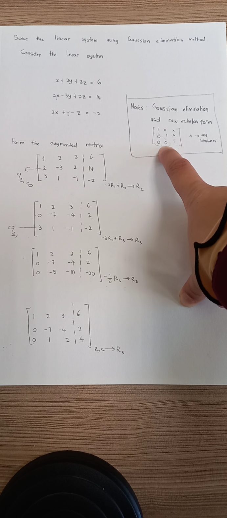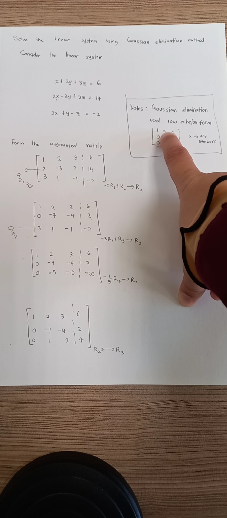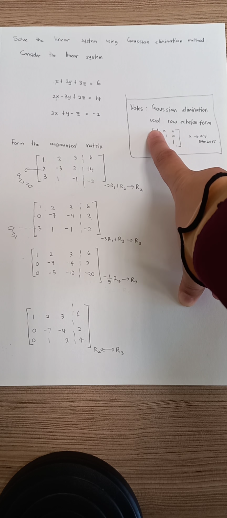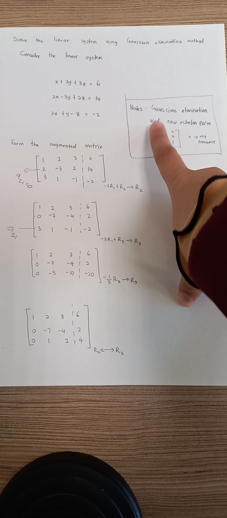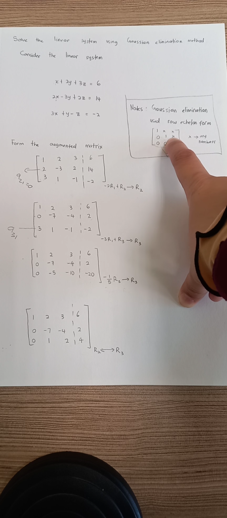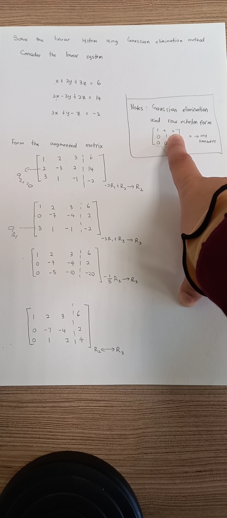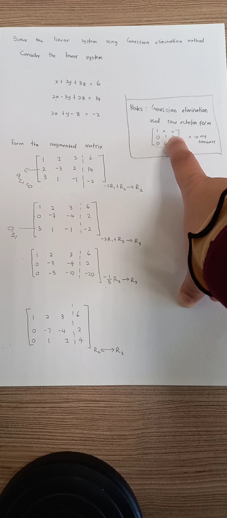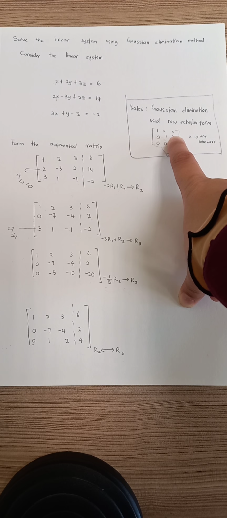Okay, this is the leading one, right? The numbers before the leading one, which I have marked as x, can be any numbers. It can be 0, it can be 1, it can be 2, it can be 10, it can be -1.